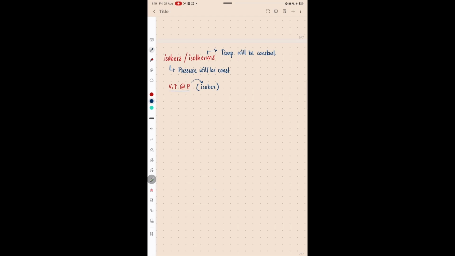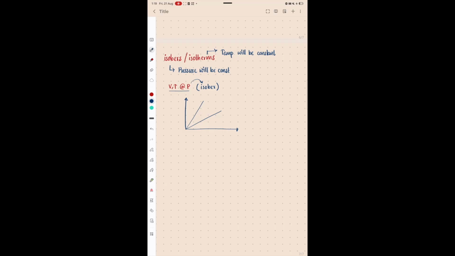So let's say I want to plot two graphs, I mean two curves. One graph depicting two states, right?